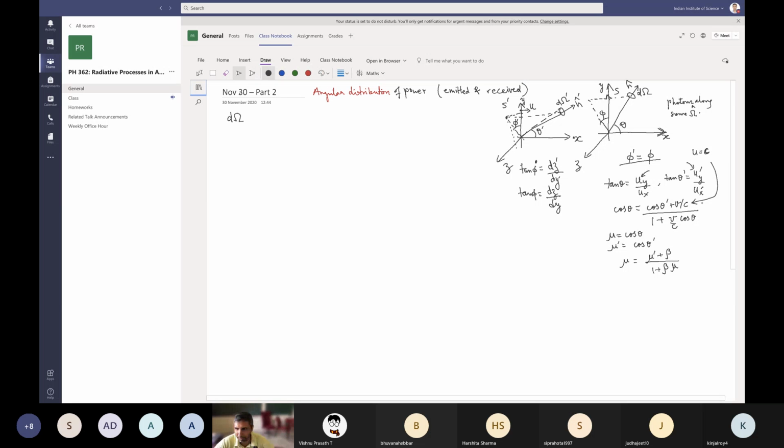Sorry, this is theta prime. Right, so this is how theta and theta prime are transformed. Got it? This is from this aberration formula for light.